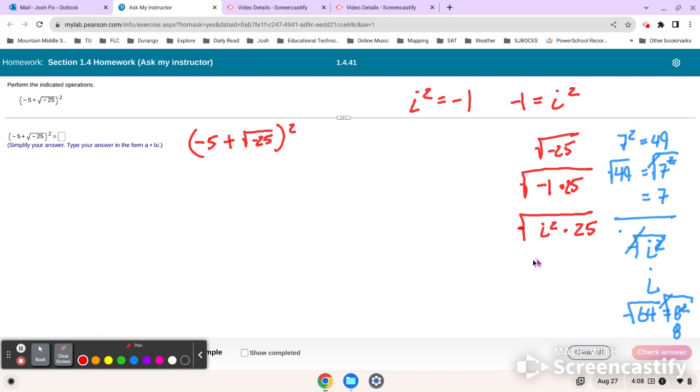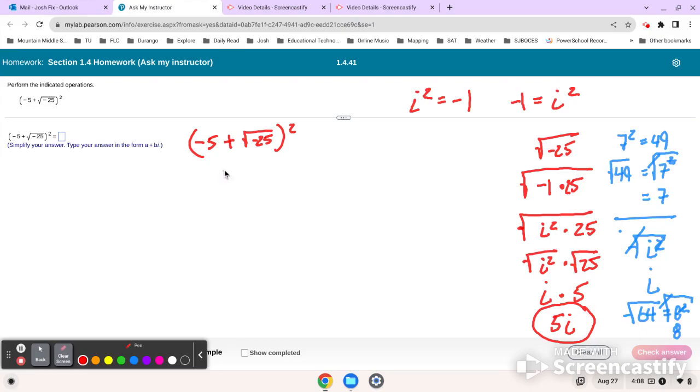Just to be fully mathematically correct, we break these apart. This becomes the square root of i squared times the square root of 25. The square root of i squared is i. The square root of 25 is 5. And my final answer, in grammatically correct format, where we always put the variable behind, will be 5i.